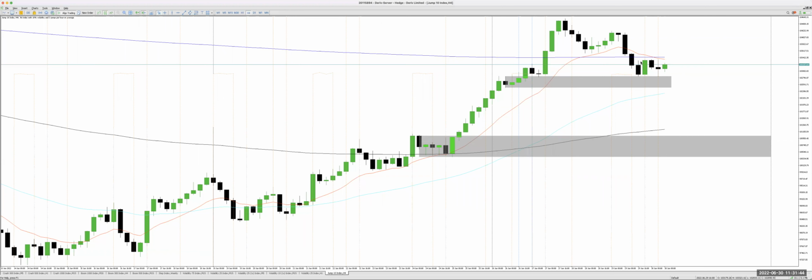So for now, price pulled back a little bit into a fair value gap, which is this one. So it's candle number 1, candle number 2, number 3, the gap between the wicks of candle 1 and 3, that's your fair value gap.